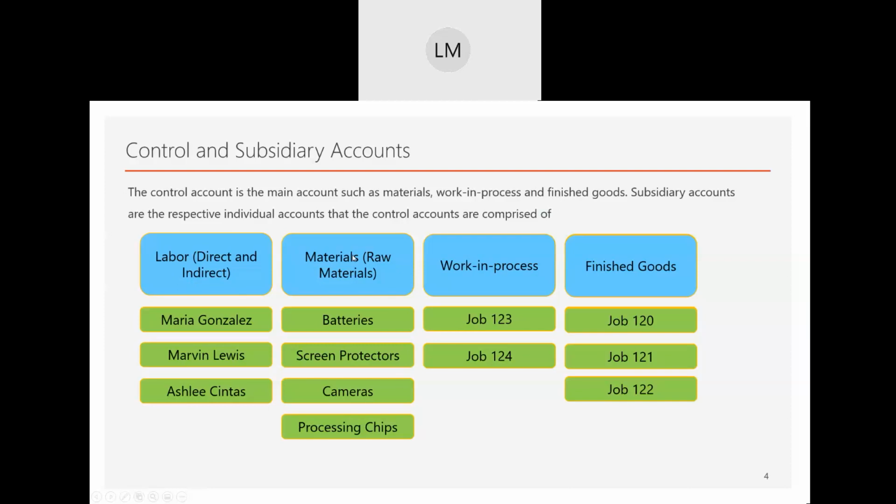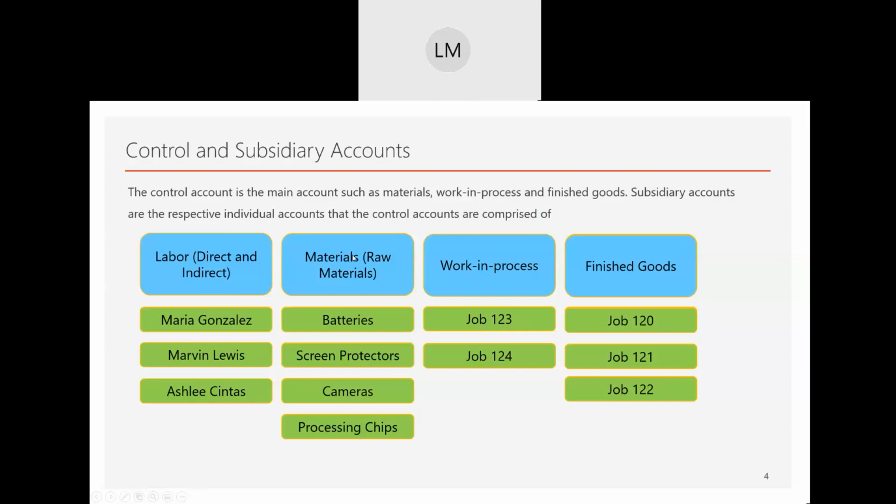Why? Because we want to track the number of batteries that we have, in case we need to order more. We don't want to just lump everything together and not have some way to account for each one of the inventories, not just for ordering purposes, but for valuation purposes when we do counts. We want to make sure that we have the appropriate number on hand whenever we do our physical count.